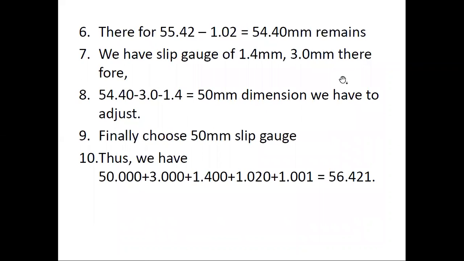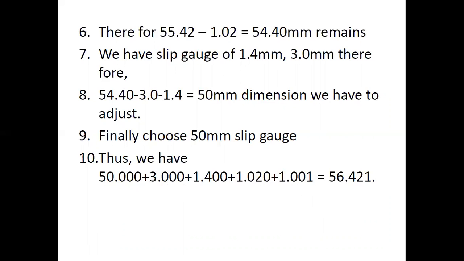With the help of different slip gauges, 50 mm, 3 mm, 1.4 mm, 1.020 mm, and 1.001 mm, with this combination we can get 56.421. So in this way, you can manage any height or any length with the help of these slip gauges.